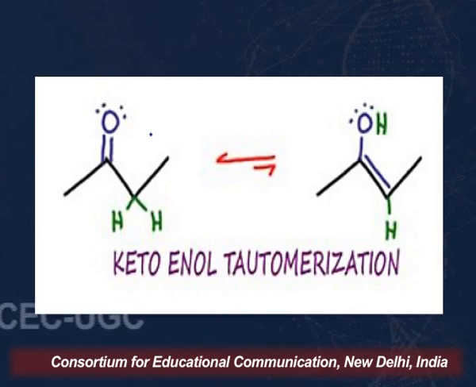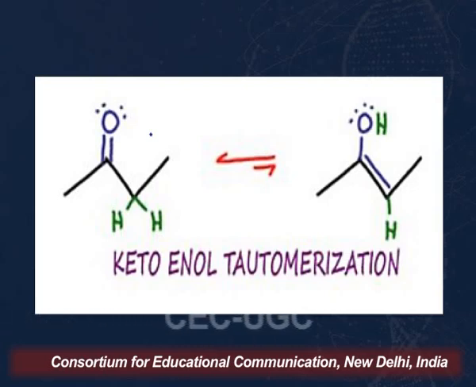In keto-enol tautomerism, it is the alpha hydrogen, indicated by green, which migrates to oxygen, that is first, second and third, so it is a 1,3 system. It results in a double bond between two carbons, and the OH group is attached to the carbon containing the double bond.